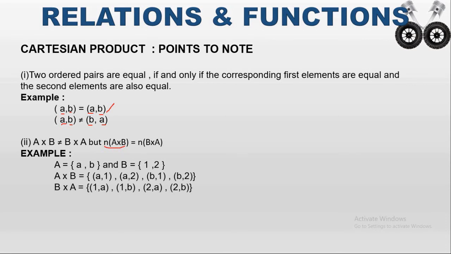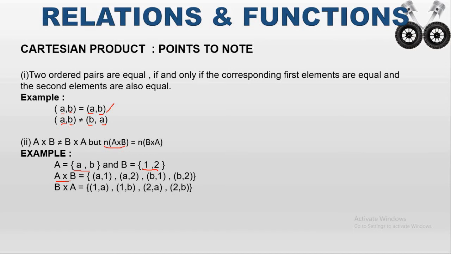For example, see here A equals {a, b} and B equals {1, 2}. What are we going to find first? We are going to find A cross B. A cross B means first you have to write the A value as the first element. What is the first element? A value, that is a. So a comma, and in B the first element is 1.